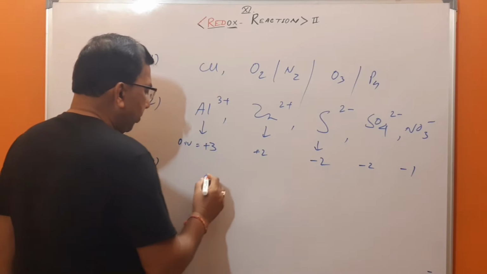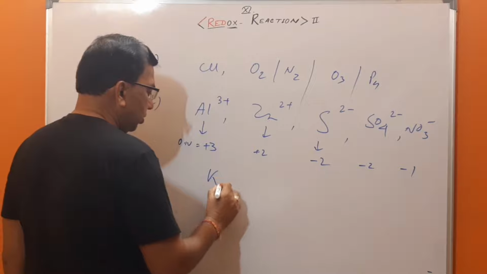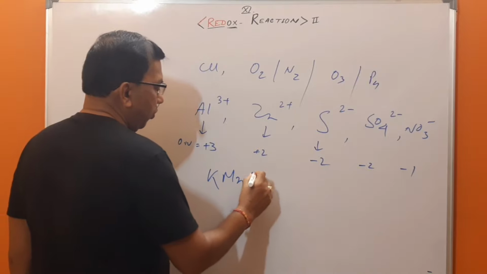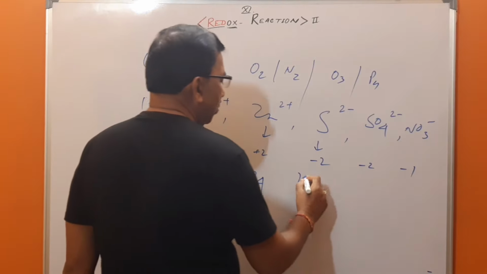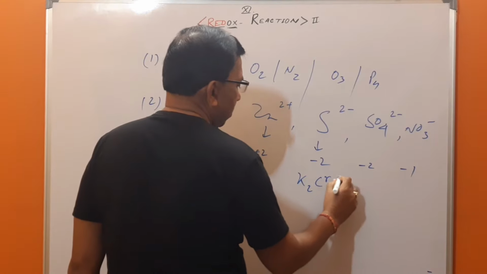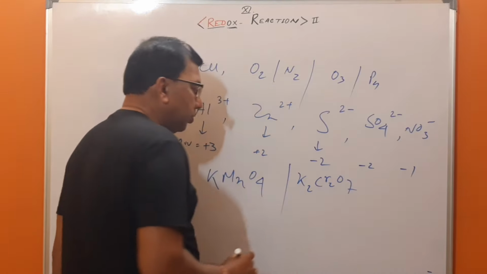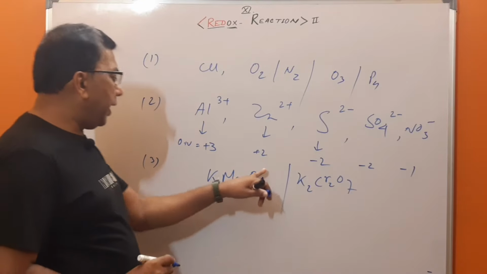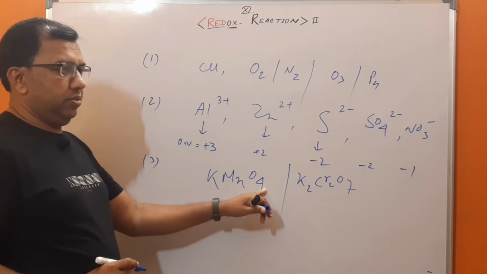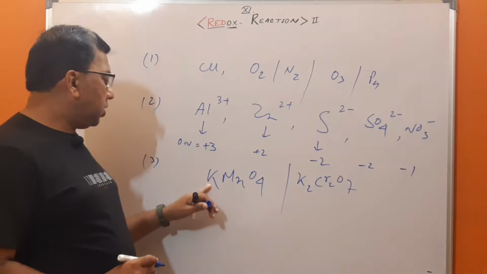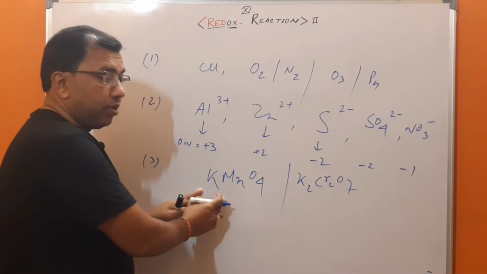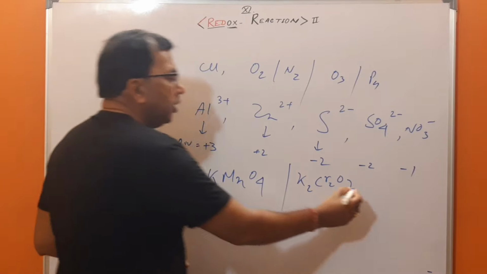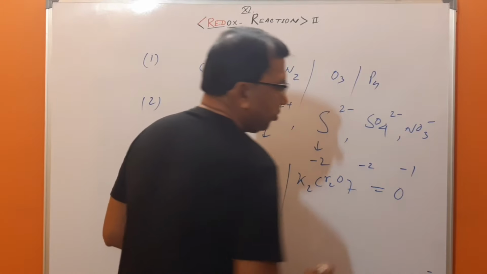For example, suppose KMnO4, this is a compound, K2Cr2O7, this is a compound. Whatever the oxidation numbers may be, the algebraic sum of all of them will be equal to 0.